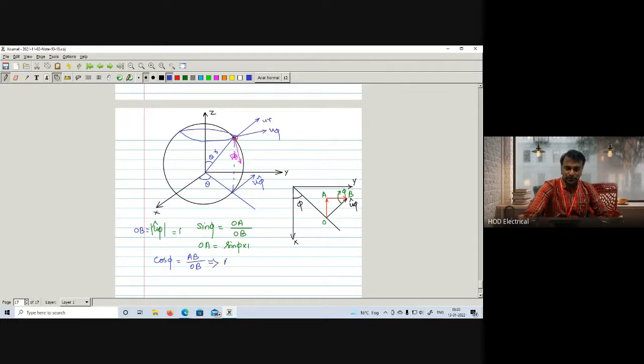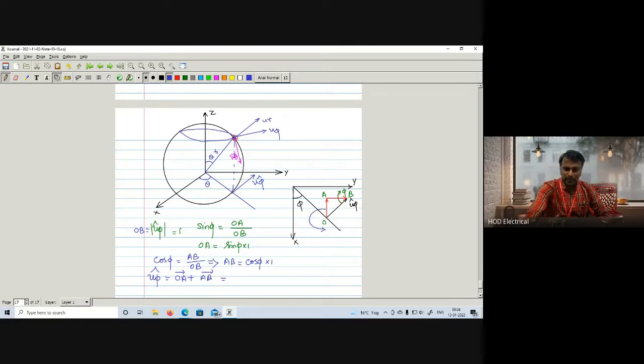Therefore, AB is cos phi into 1. So already we know u phi is nothing but the OA vector plus the AB vector. What is the OB vector? OA vector.